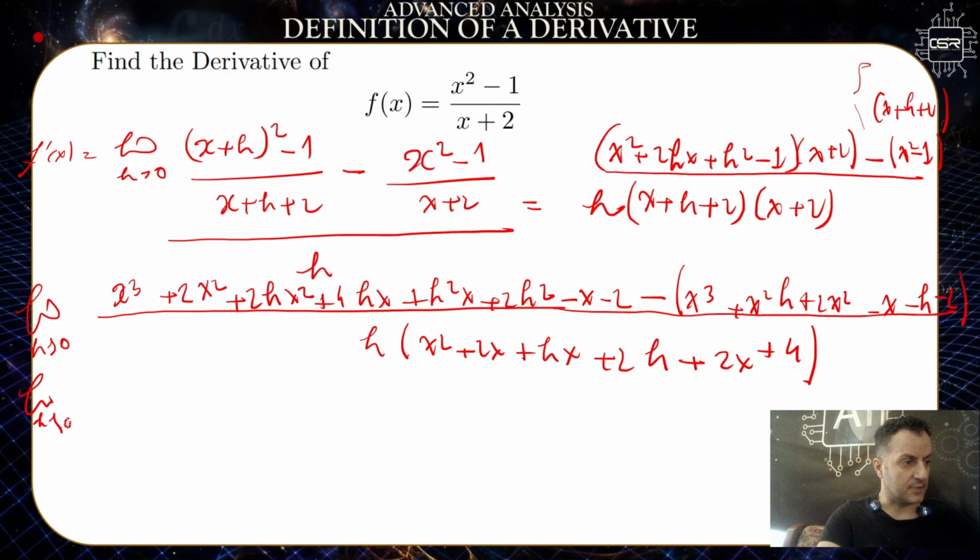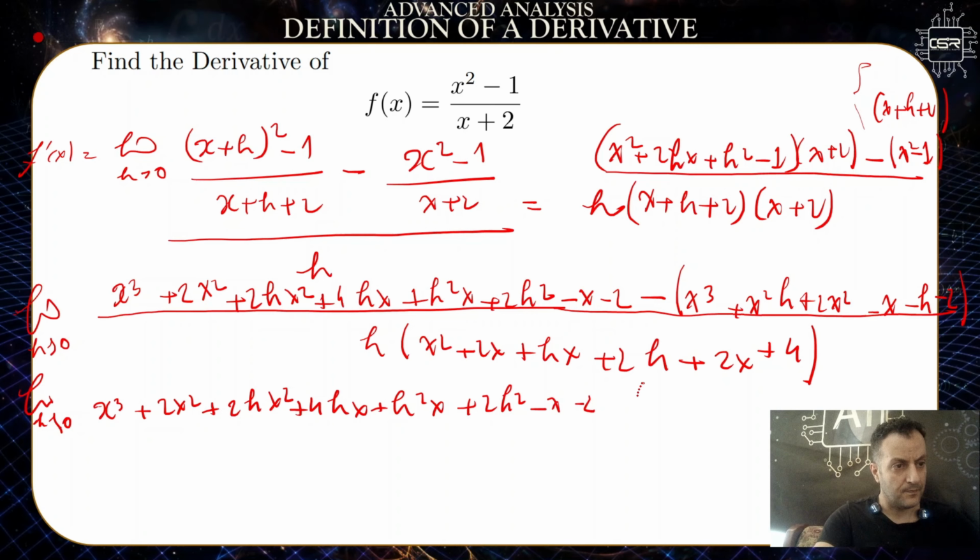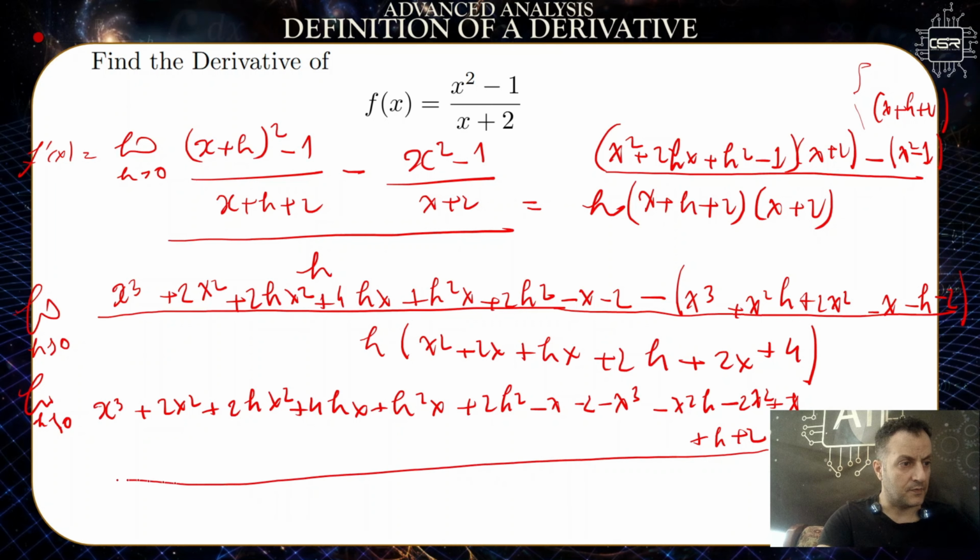So limit h approaches 0 of x3 plus 2x squared, I'm just copying, plus 2hx squared plus 4hx plus h squared x plus 2h squared minus x minus 2 minus x3 minus x squared h minus 2x squared plus x plus h plus 2 divided by h times x squared plus 2x is 4x plus hx plus 2h plus 4.